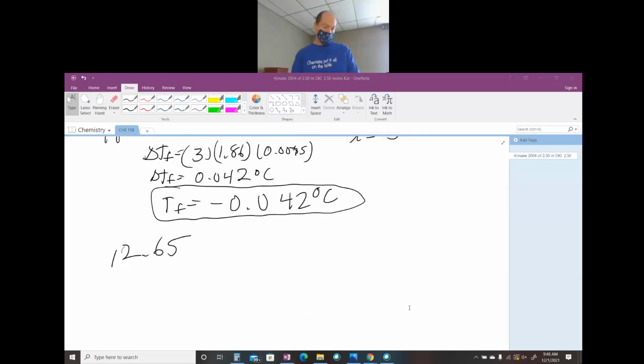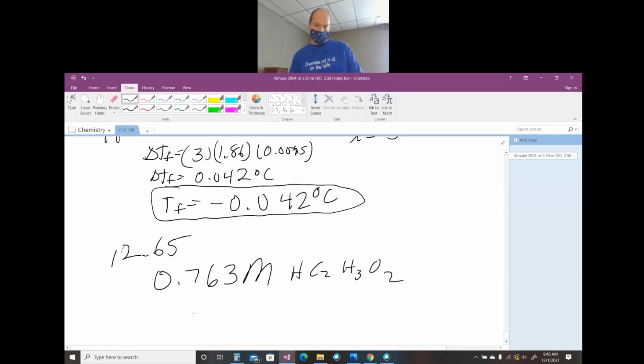All right, so 12.65, we have a vinegar solution, which is acetic acid. Right, and so you have a 0.763 capital M of your HC2H3O2, and that has a density of 1.004 grams per milliliter.